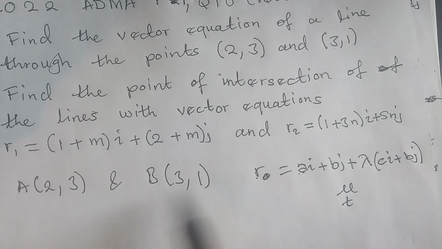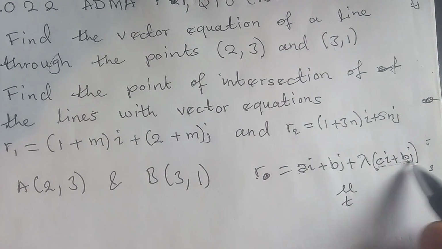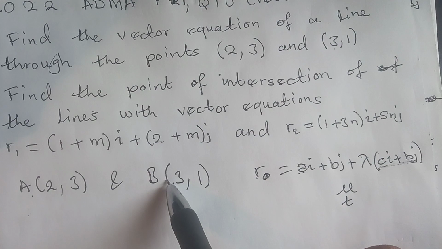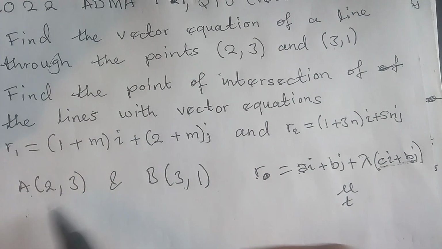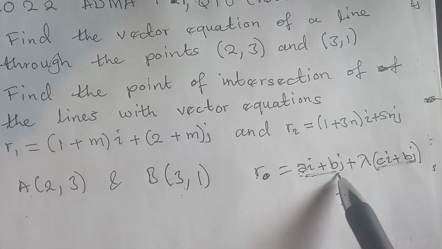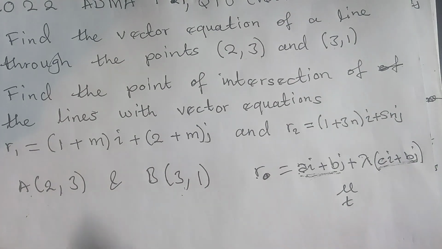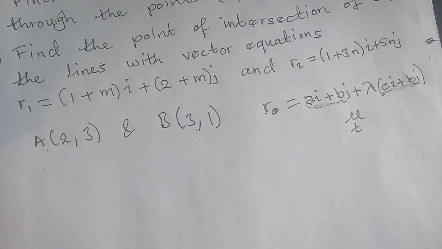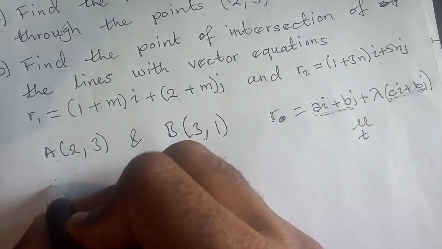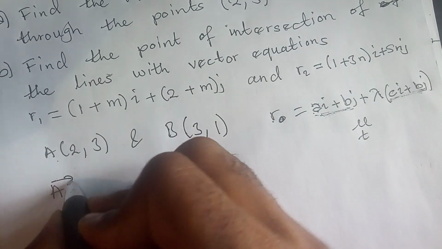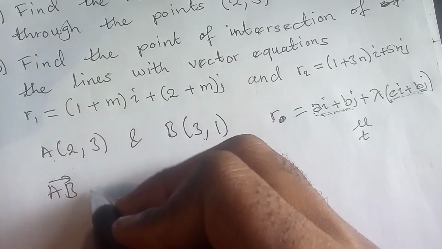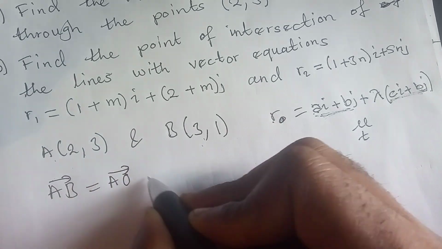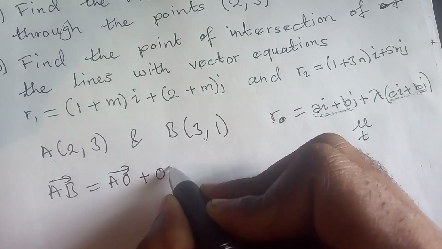So all we need to do here is to find the direction vector, the vector in the direction of AB, and then we can use one of these 2 points there and use that direction vector on this part here. So let's find the vector in the direction AB. So that vector will be, remember, AO plus OB.